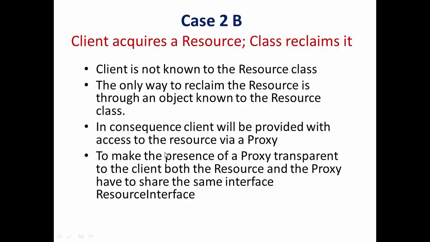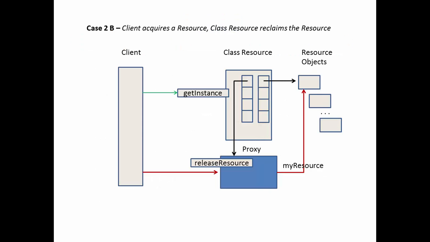And this is going to be facilitated through both the resource and the proxy implementing the same interface. We will call this the resource interface. You're going to see how it plays in a second when we look at the picture and some code.